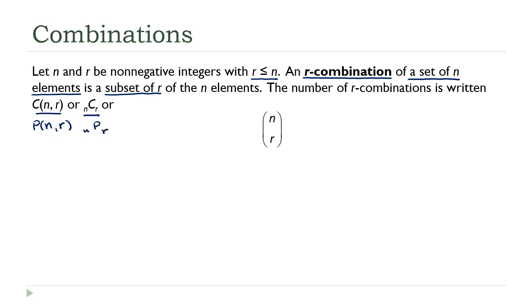Very similar notation; we're just changing the P for permutation to a C for combination. There is one other way you'll sometimes see that written, with this column-like structure here. So those are our names, we've got the definition, and we've got some notation. What we want to do next is think about how we can actually calculate this: how can we calculate the number of subsets of a given set with a given size?